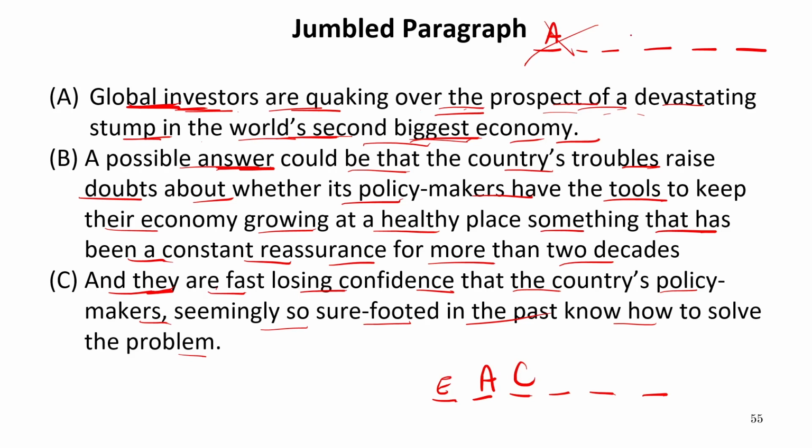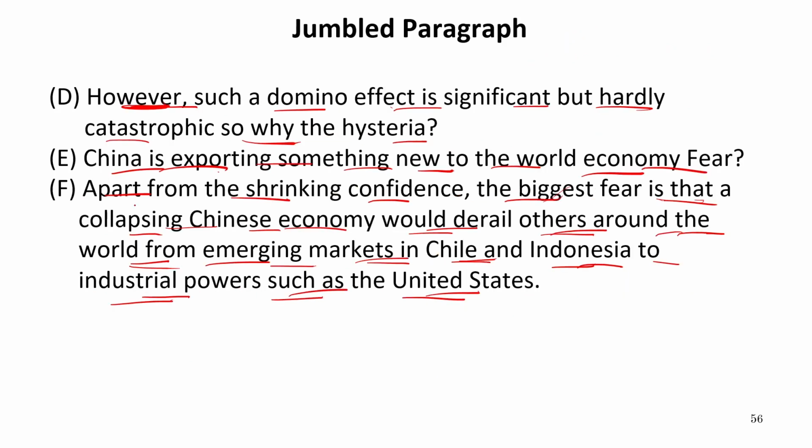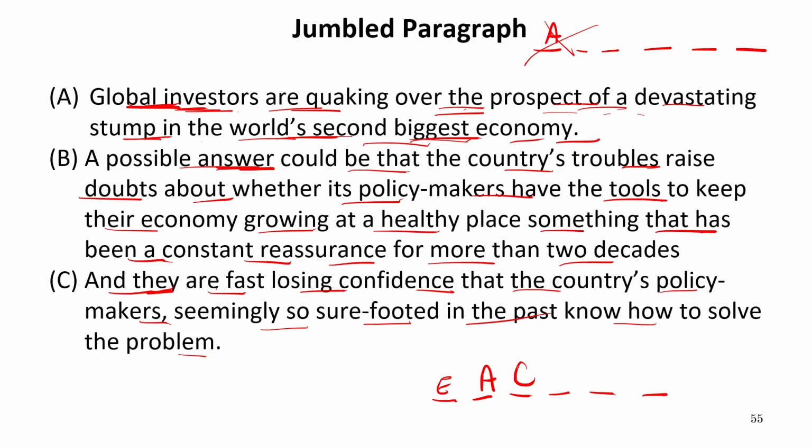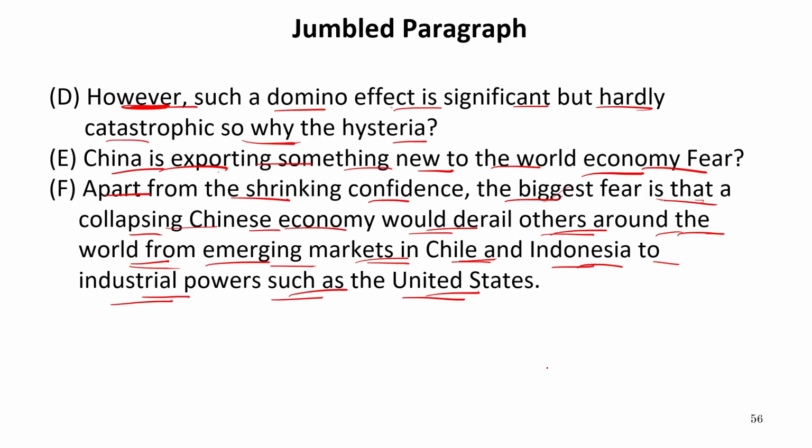Now, let us have this combination: E, A, then C, and they are fast losing confidence that the country's policymakers, seemingly so sure-footed in the past, know how to solve the problem. So after this, we should have F sentence, because in this again the economy around has been talked about.